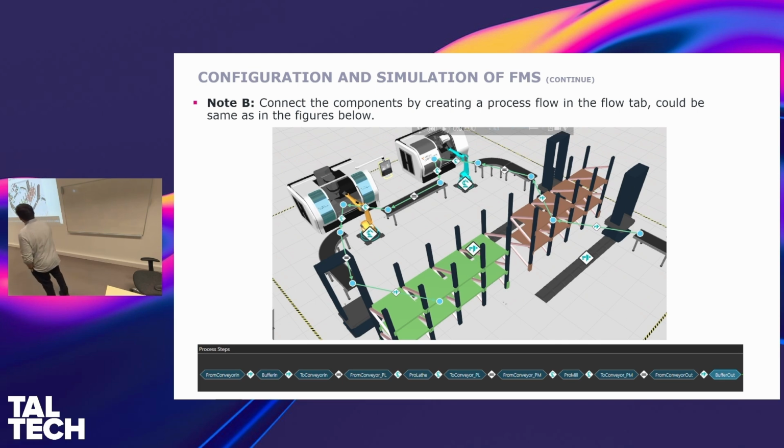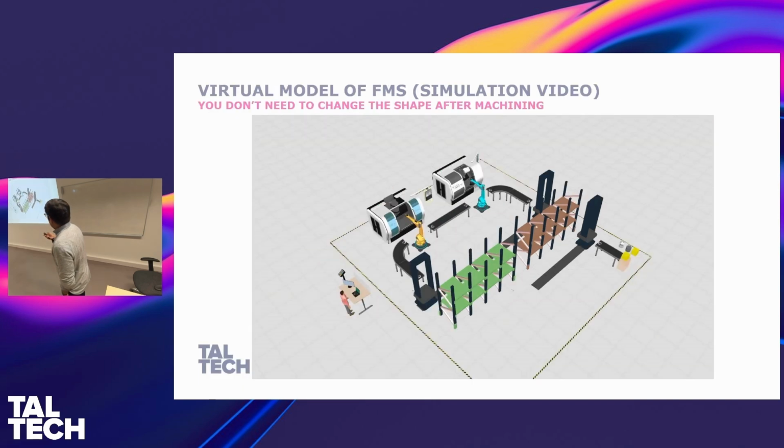Then the flow is quite straightforward. There is no parallel processing, although it could be possible now in the visual component, but the strict flow starts from here, from conveyor in, buffer in, to conveyor, then the machining processes and controllers, we need to connect it. And then it should work this way here.